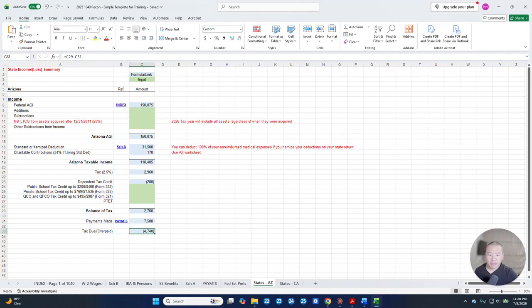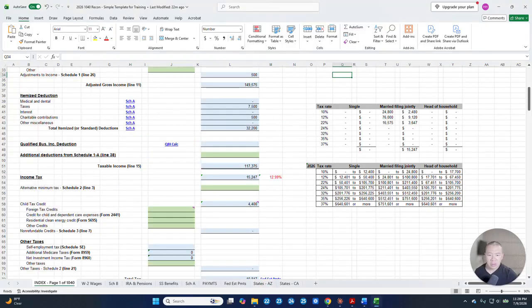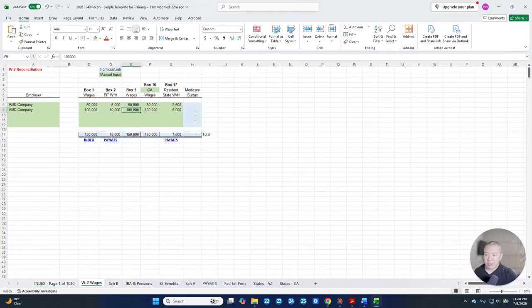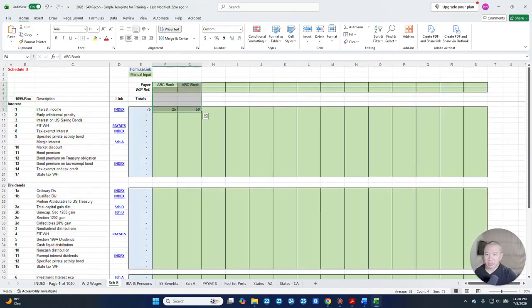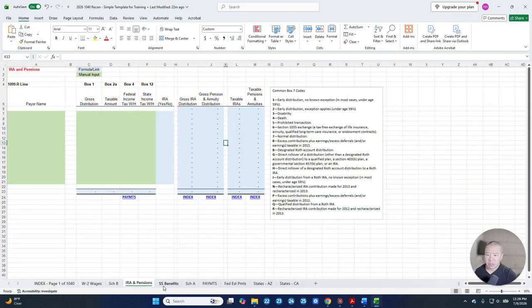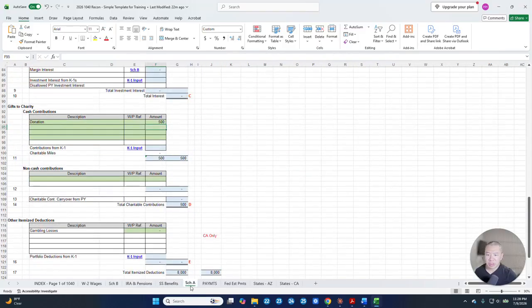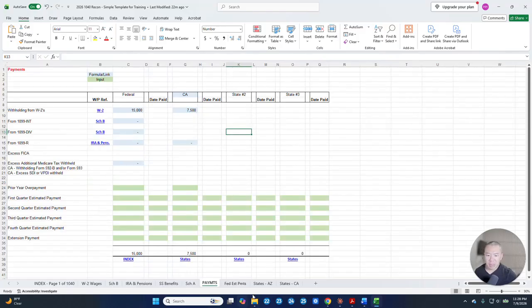So that's 2025. I did the exact same numbers for 2026, just to show the difference. Same thing, W-2 wages, whether it's California or Arizona, doesn't really matter. Same interest, no IRA, no Social Security, $500 donation. These are the payments.